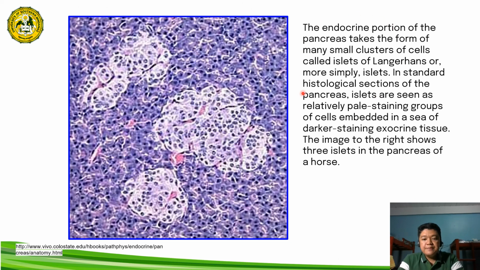We also have here the pancreas coming from a horse, showing the presence of three islets that can be found in this histologic section. The islets are pale staining, while the surrounding acinar cells or exocrine tissue are darker staining.